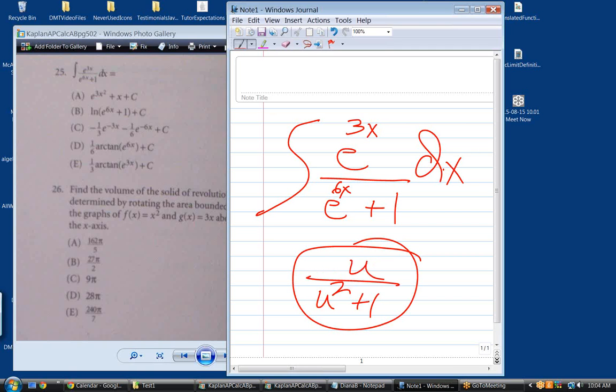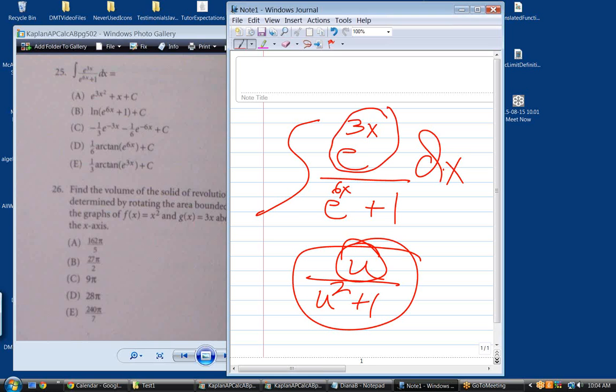But here's the key. Remember what we're always looking for when we're using u substitution: the derivative of u needs to be in the numerator, because it'll end up in the denominator and we need to be able to cancel it out. Well, the derivative of e to the 3x is 3 times e to the 3x. So it will accomplish what we want it to do.